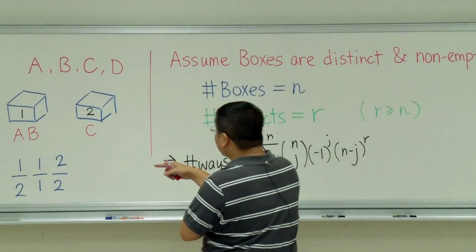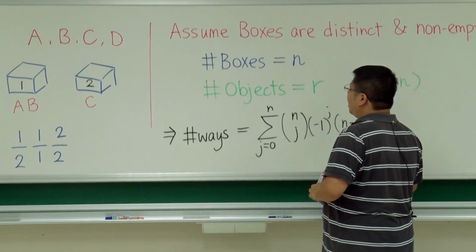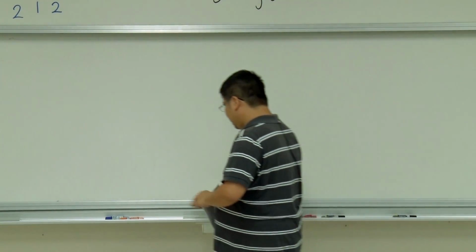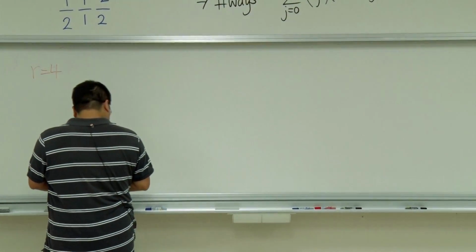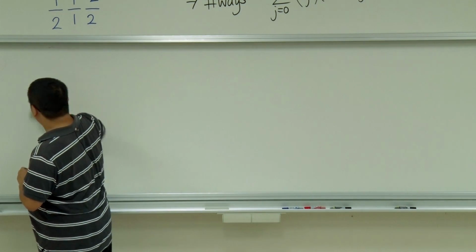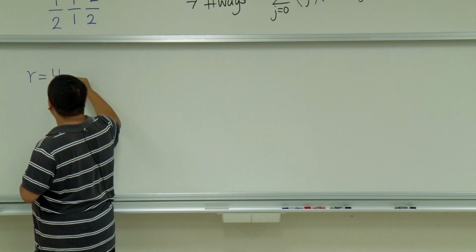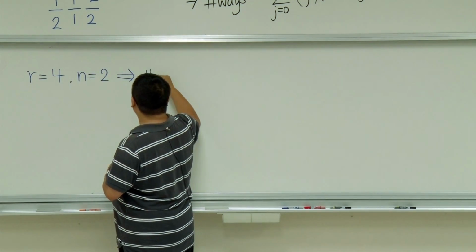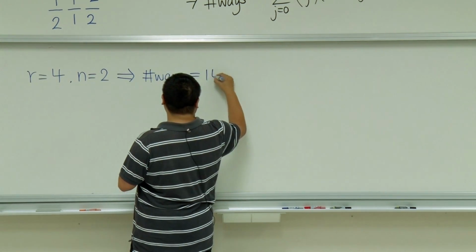Is that okay? So in this case, when r is equal to 4 objects and n is equal to 2 boxes, then we should get the number of ways to be equal to 14.